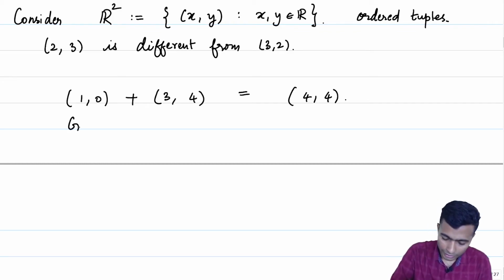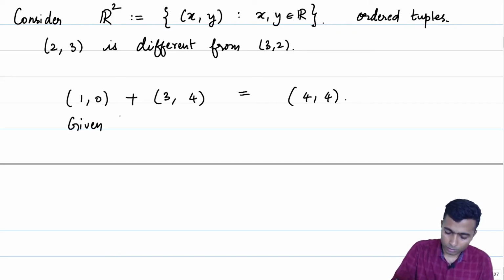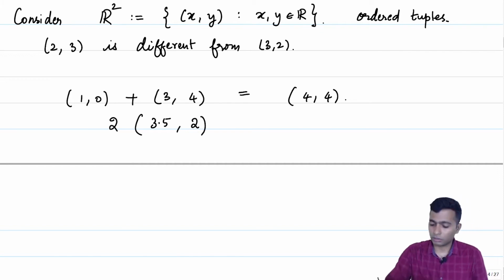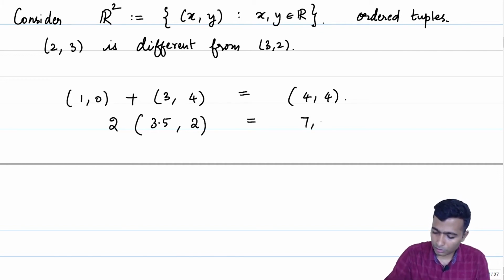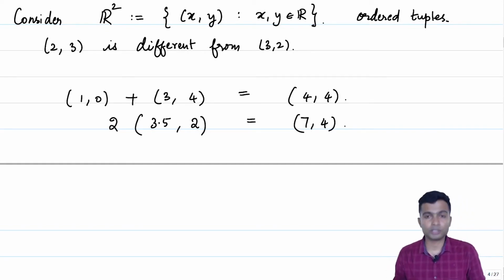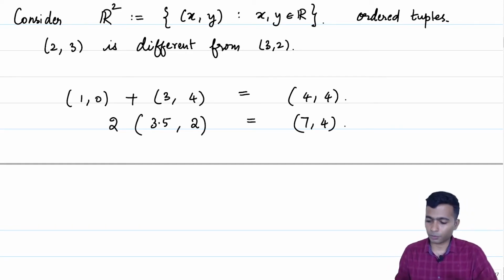So for example, 2 times (3.5, 2) we know is equal to (7, 4). From coordinate geometry, we know that we can do these operations on the space R2, right?